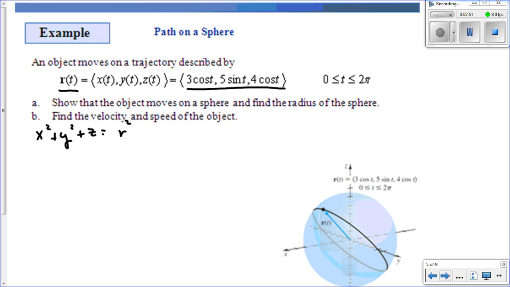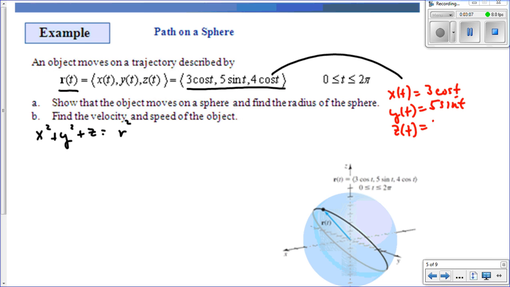Well, now this trajectory is telling me that x of t is given by 3 cosine of t, y of t is 5 sine of t, and z of t is 4 cosine of t. So now let's see if that actually satisfies the equation of a sphere.